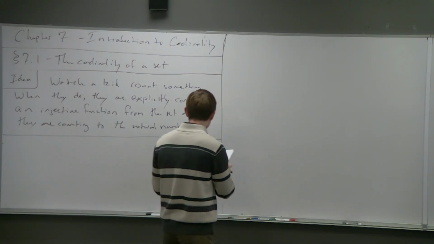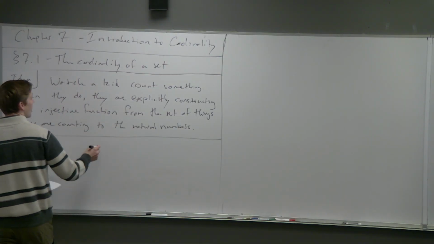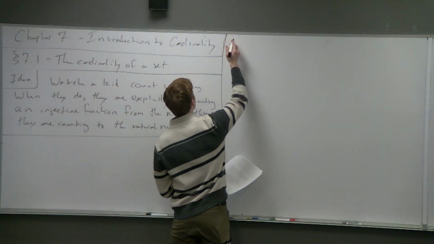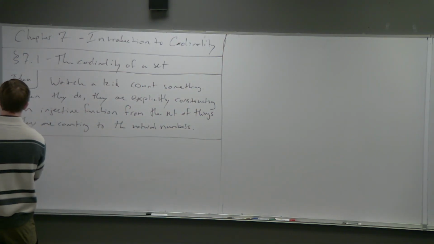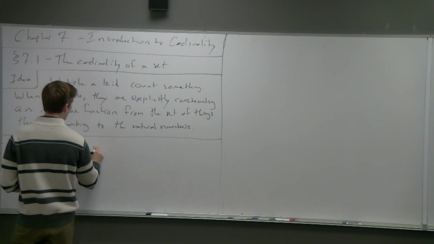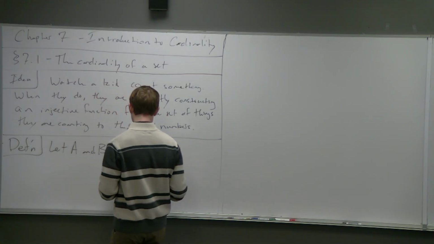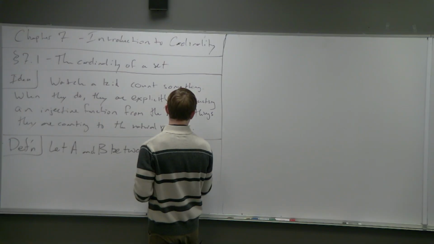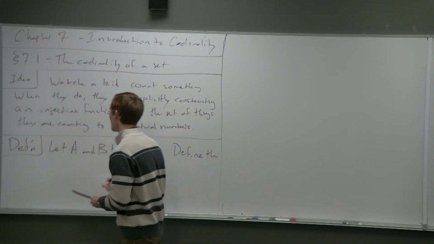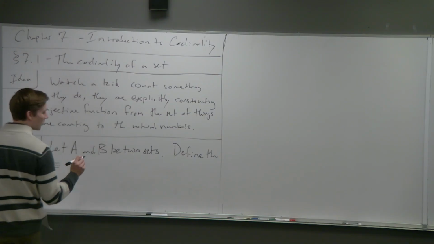So here is a little bit of notation and definitions. So I'll even put these up here just for convenience. Or no, I'll put them down here, why not? We've got these in our note packets, but I'll just put them up here to talk about it. So we'll let A and B be two sets. Define the relation, I'll write it as a triple equal, right?